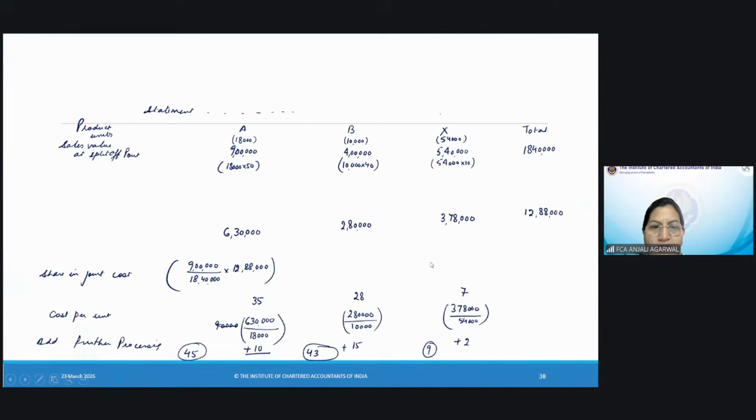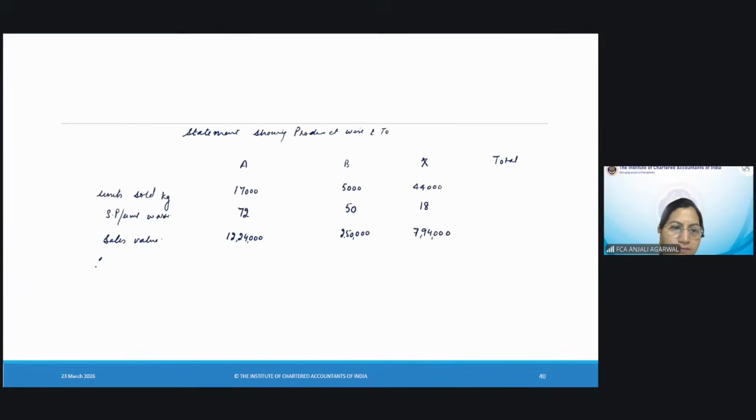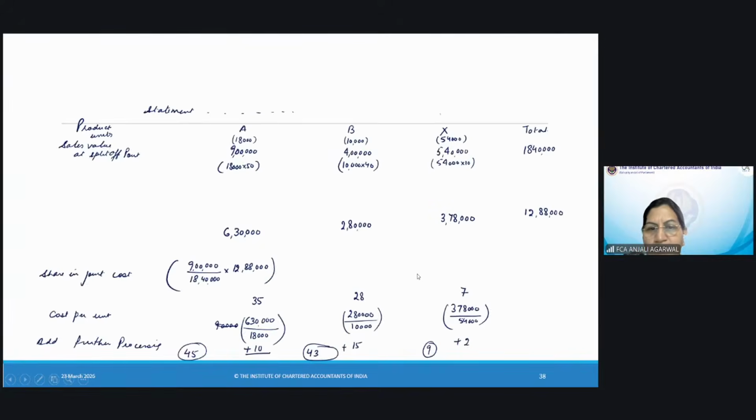Then you will write down the total cost, joint costs and post separation costs: 6,30,000, 2,80,000, and 3,78,000.